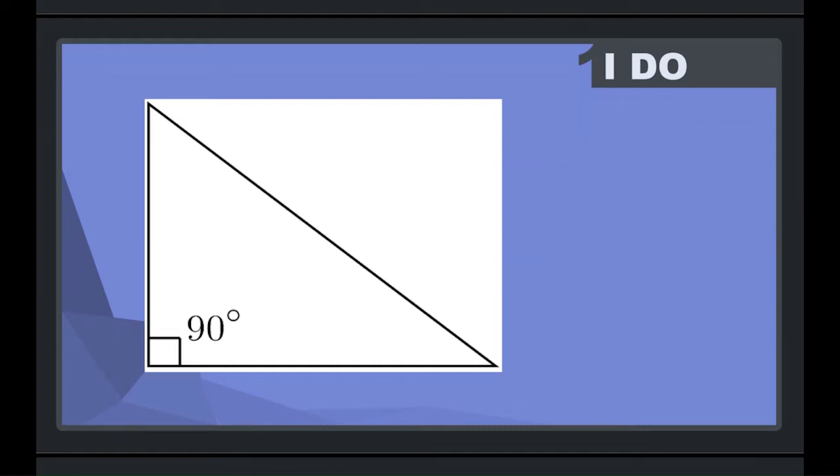Now, remember the language that we use to label the sides in relation to theta is that this one is the adjacent side. And the thing you want to remember about the adjacent side is that it is the side that touches the angle theta. It's part of this angle.